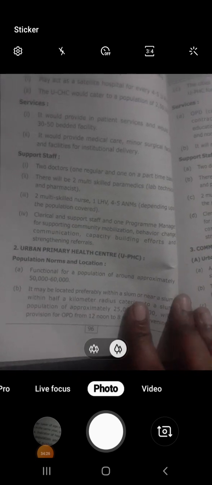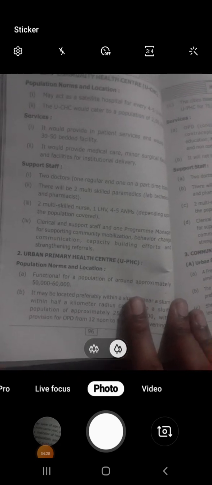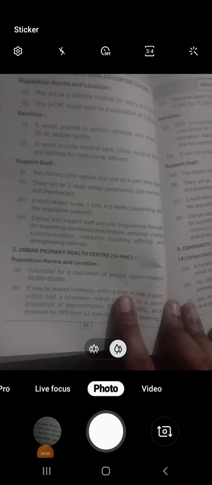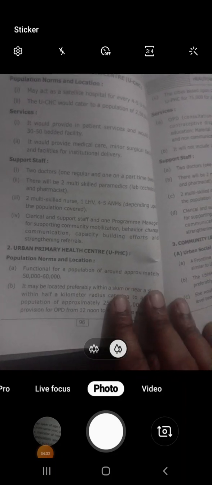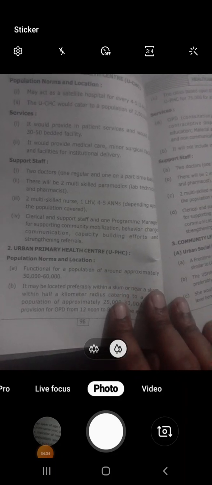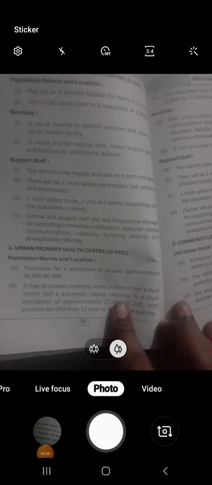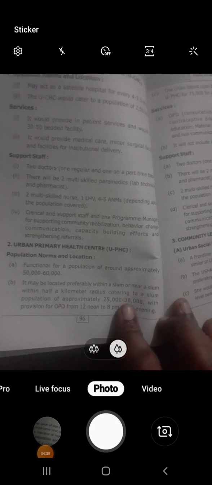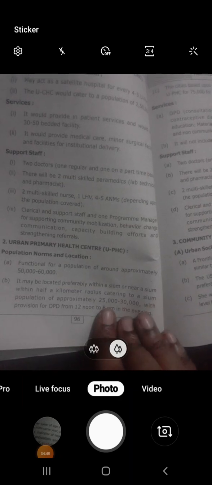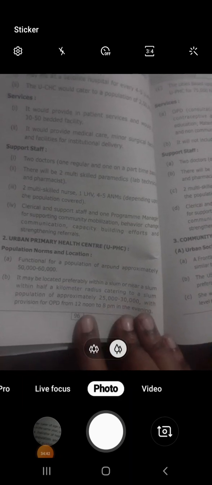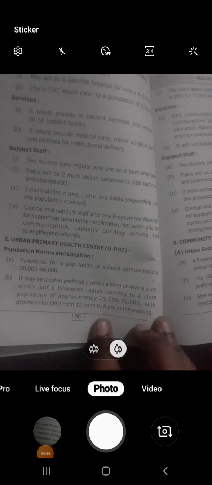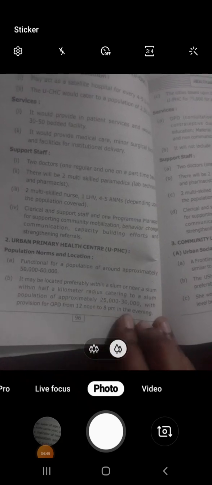Okay, community mobilization. And next we have the urban primary health center, with a population of around 50,000 to 60,000. It covers slum areas within half a kilometer, with a population of 25 to 30,000, with OPD from 12 to 8 in the evening.